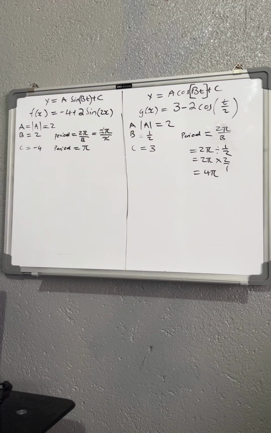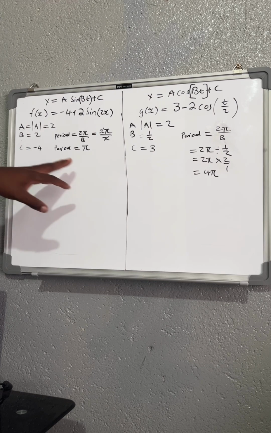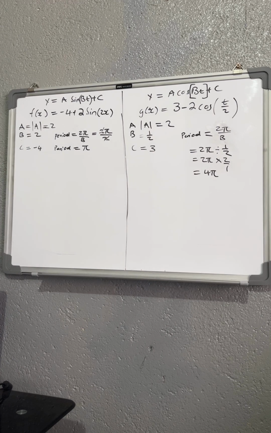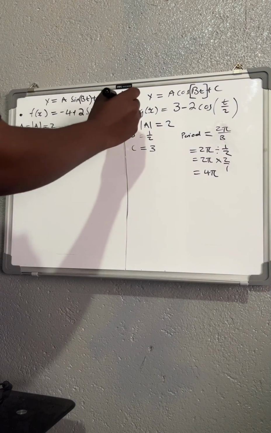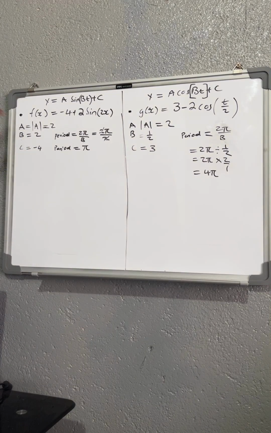This is basically how you do them. And another question that I said they might use to catch you off guard is that they might give you a function that looks like this, or even this one, and they ask you what is your minimum value or what is your maximum value.